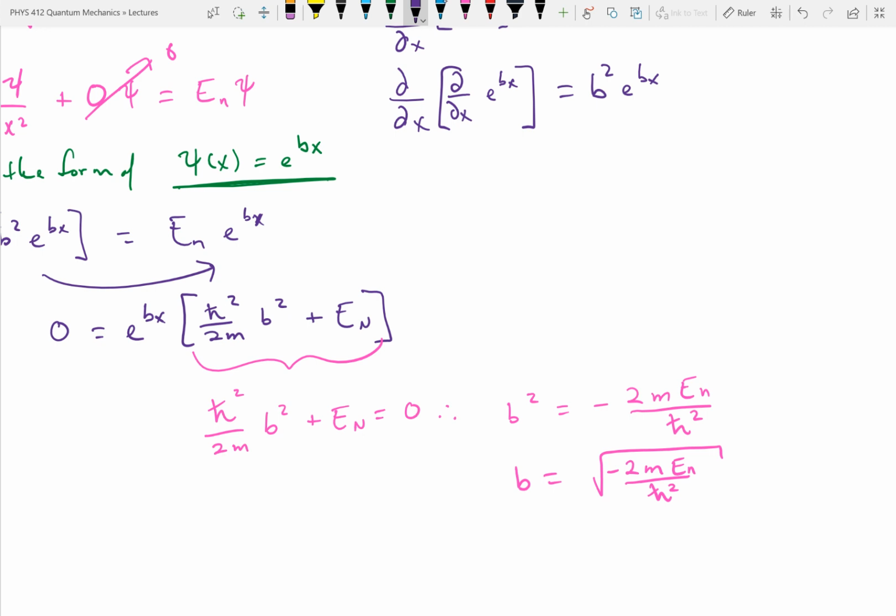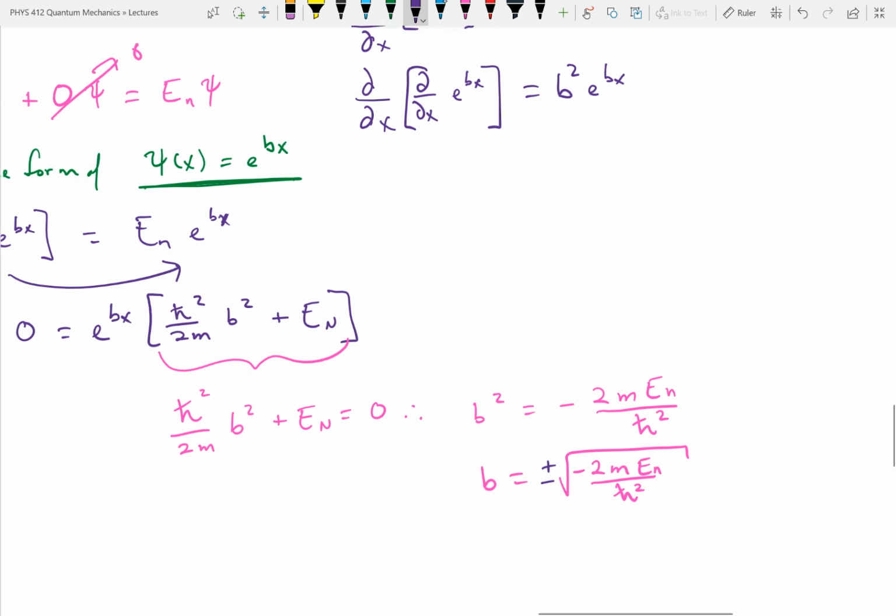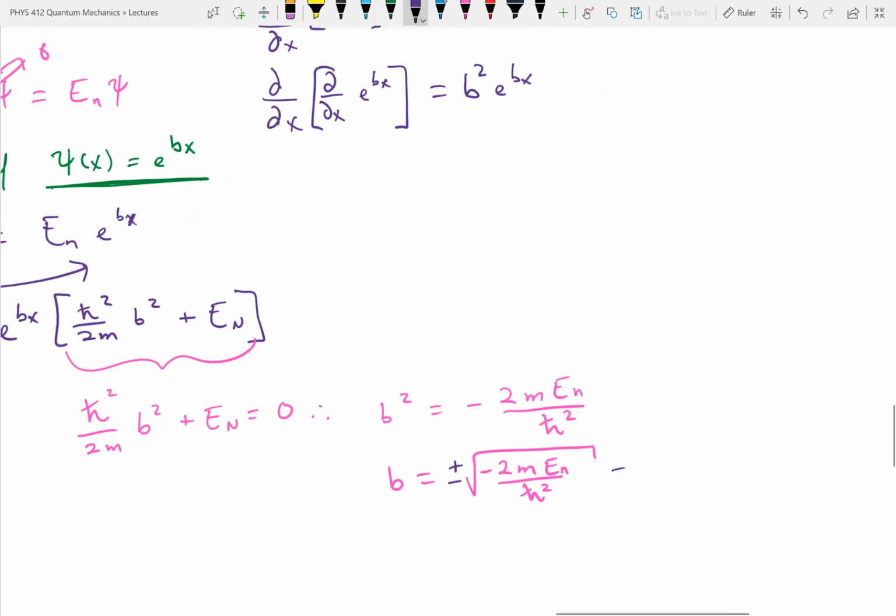Anytime you do a square root, there are always two answers. You cannot forget that. I have two b's that will be correct. One with the plus sign and one with the minus sign. And as you said, we have the square root of -1, which we're astute enough to know that's just i.